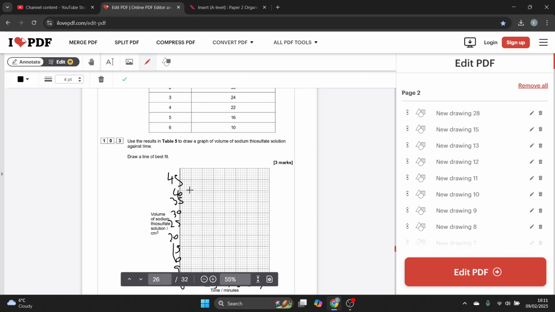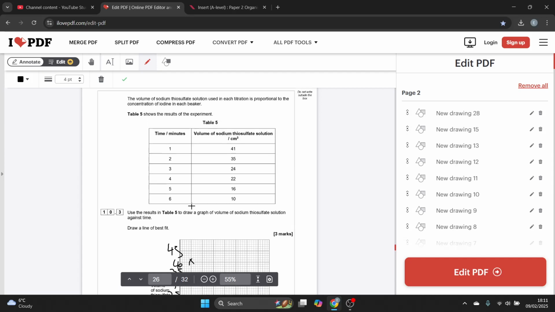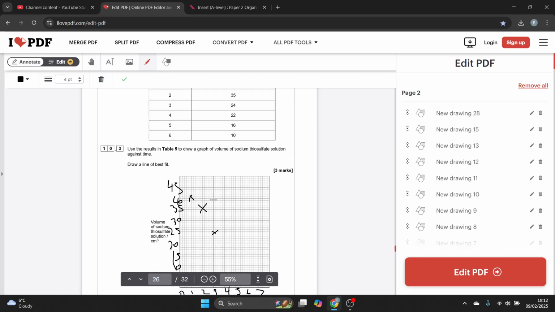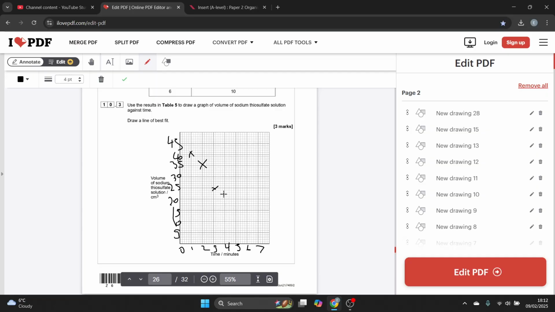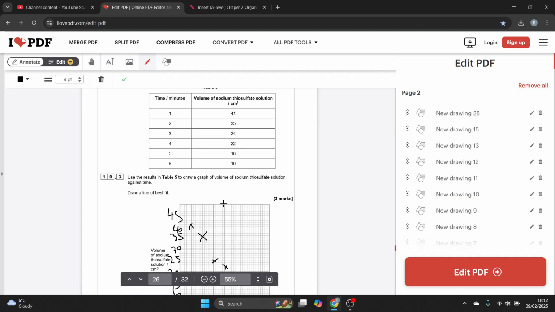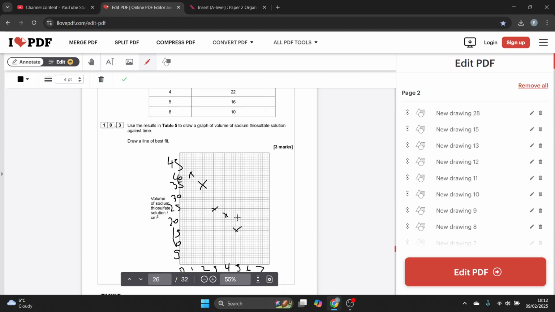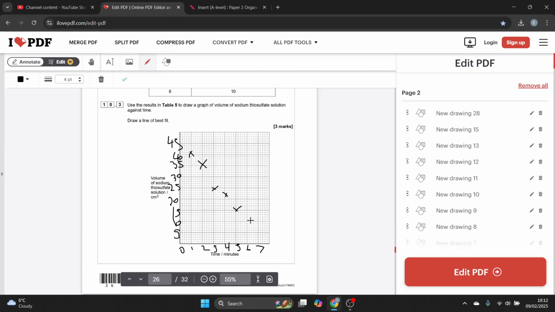1 at 41. 2 at 35. 3 at 24. 4 at 22. 5 at 16. 6 at 10.